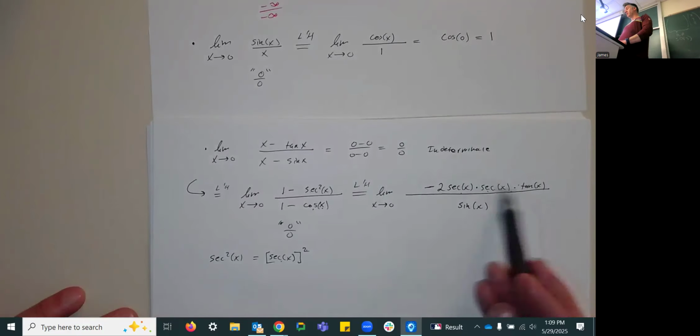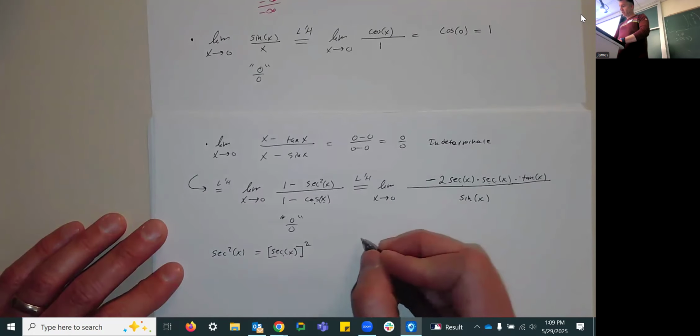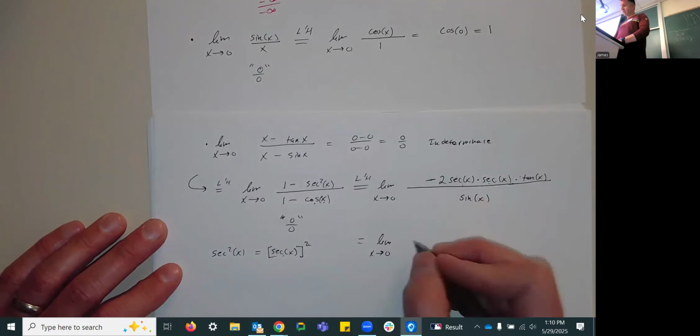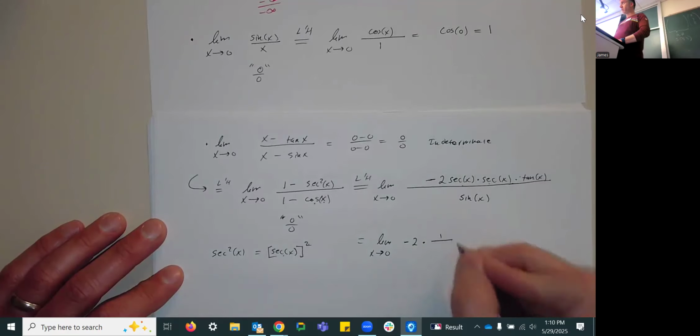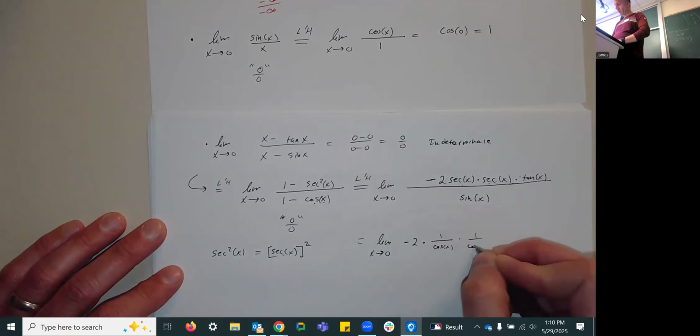I'm going to rewrite this in terms of sine and cosine. So what I really have here is the limit as x approaches 0 of negative 2 times secant, which is 1 over cosine, and then another 1 over cosine.